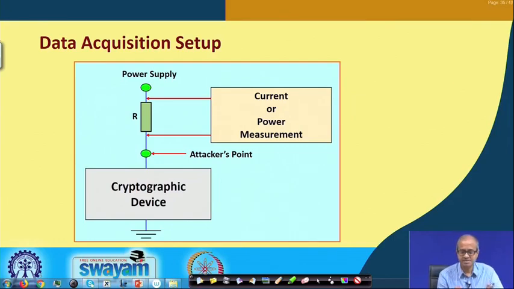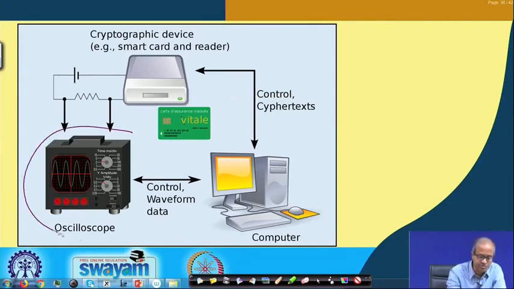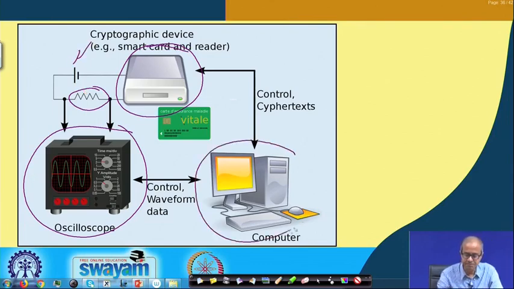This is the data acquisition or attack setup, whatever you call it. This is in slightly more detail, where you see a storage oscilloscope here, and an actual smart card reader here, where a small resistance is connected in series, just as I said, to the battery, and there is a computer system which controls this device, the smart card reader.